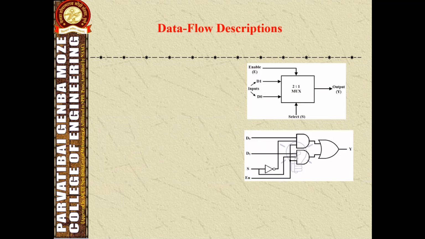If a bubble is here, then this signal is nothing but an active low signal. Or instead of a bubble, you can also draw it like this.